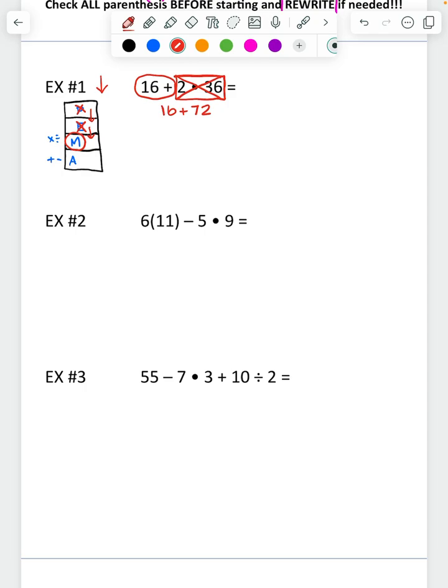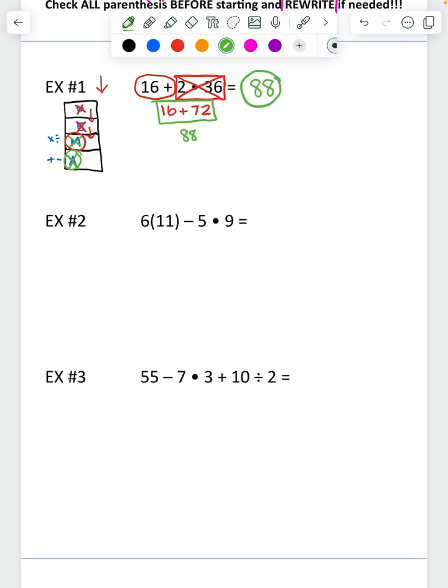So now going back to my OOO tower, I did my multiplication. All that is left is adding, which makes sense because that's all we have left. And 16 plus 72 is 88. And that's the last step. There's nothing left, so my answer is 88.